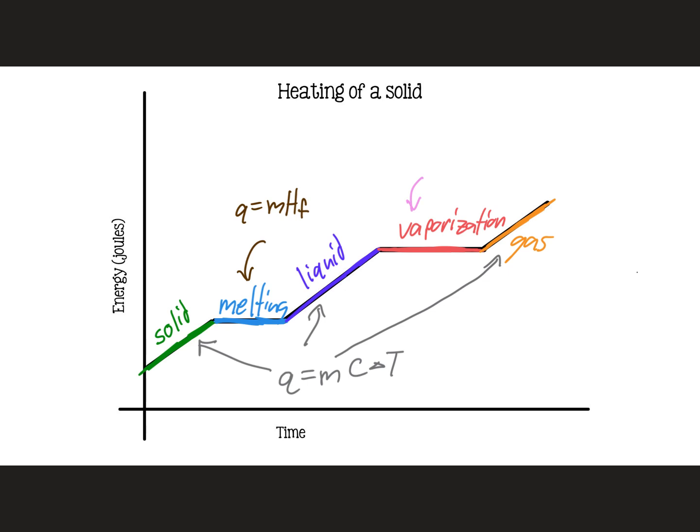That means that our equation will be Q equals mHF. When we are looking at vaporization, going from liquid to gas, then we're going to use Q equals mHV, the heat of vaporization.